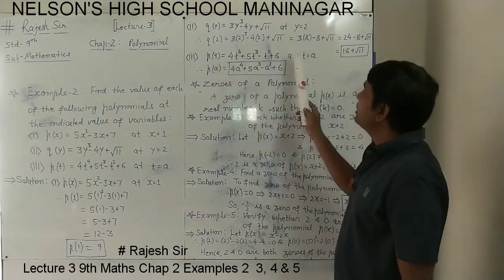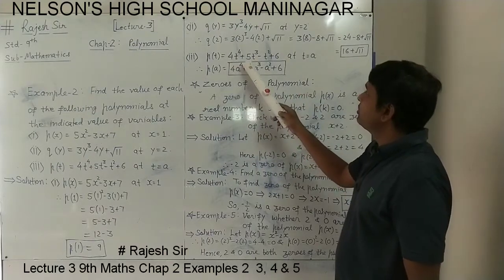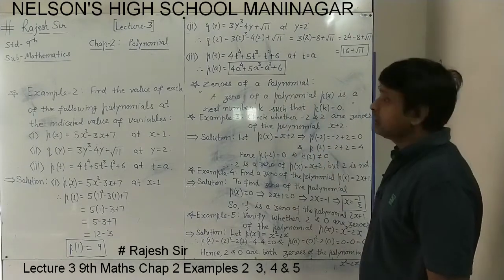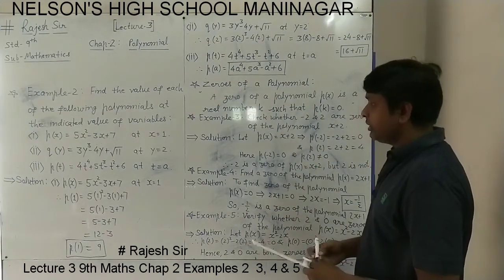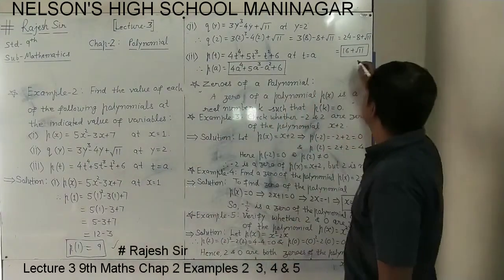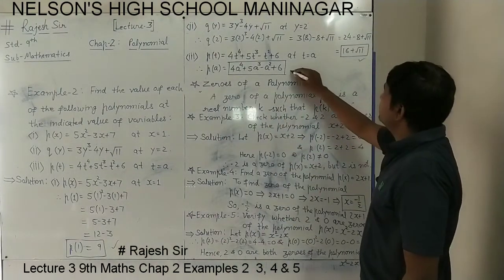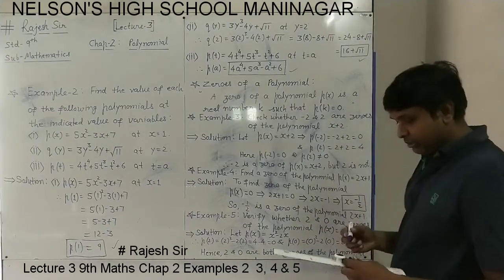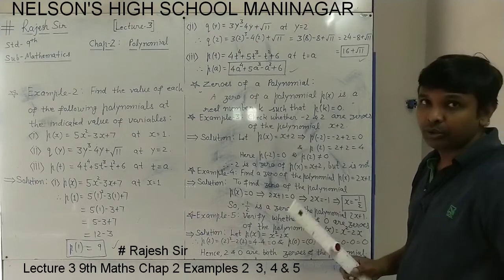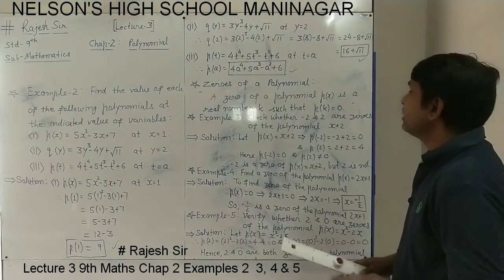Wherever t appears, there you will have a: 4 + 5a³ − a² + 6. This way, very simply, we can find the value of polynomials at indicated values of the variable. This was a simple example of how to find the value of a polynomial at an indicated value of the variable.